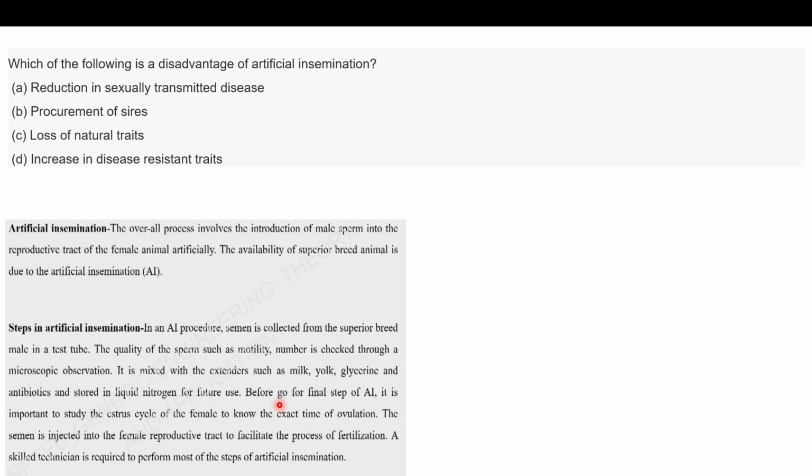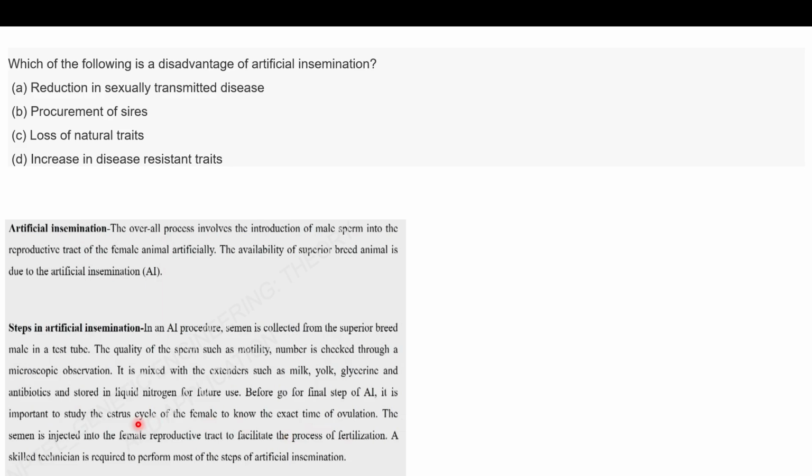Before artificially introducing it into the reproductive tract of the female, one has to be wary of the estrous cycle of the female, as to when she is going to ovulate. Then during the time of ovulation the semen is injected in the female reproductive tract to facilitate fertilization, and mostly it's done by skilled technicians.